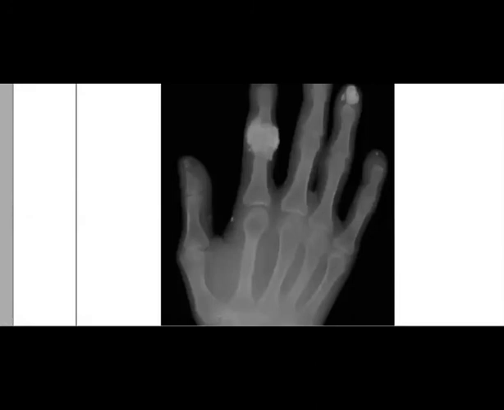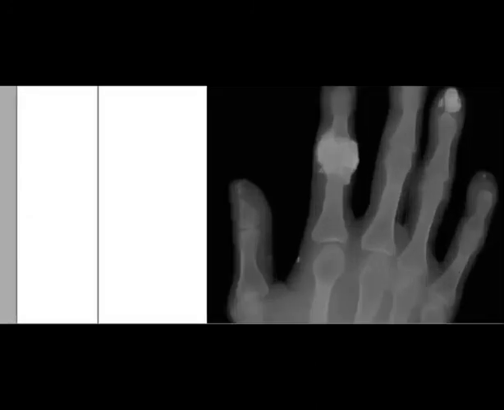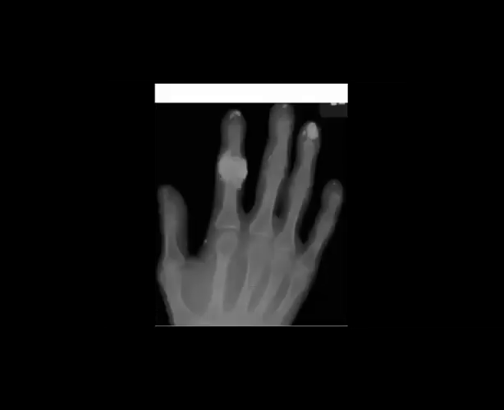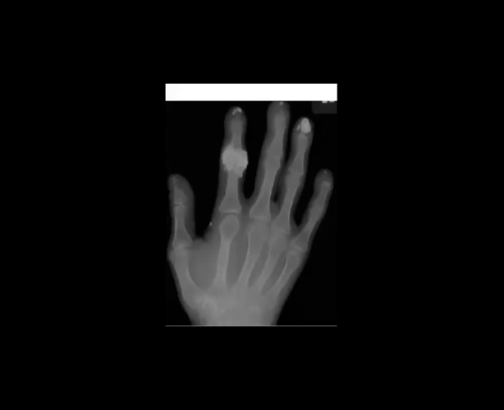So again, we mentioned already, when you find soft tissue calcification with acroosteolysis, you will put a differential diagnosis, and your first differential diagnosis will be scleroderma. So this is another case of scleroderma. Yes, and you have many differential diagnoses. Sometimes they like to show you it can happen in every place.